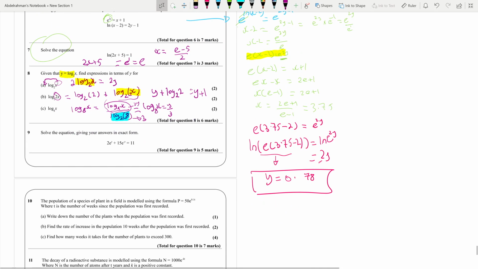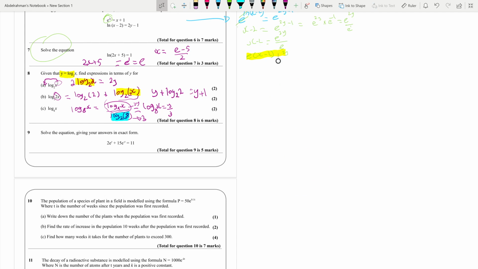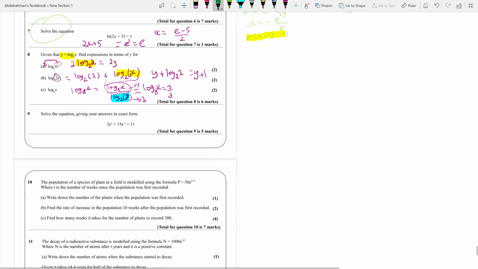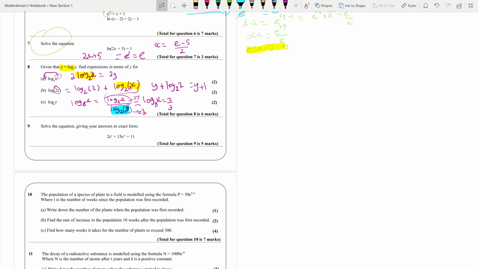All right, this one, solve the equation giving your answers in exact form. So I'll just delete these things here and do this one. Okay, so we have 2e^y plus 15e^(-y) equal to 11. We said before that e^(-y) is the same as dividing by e to the power of y.